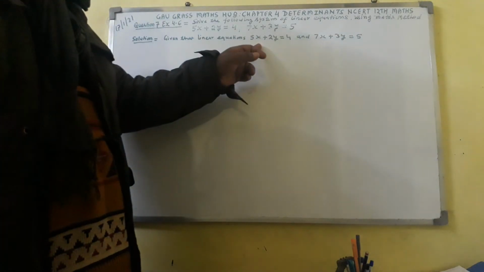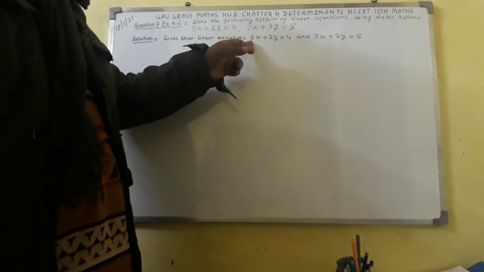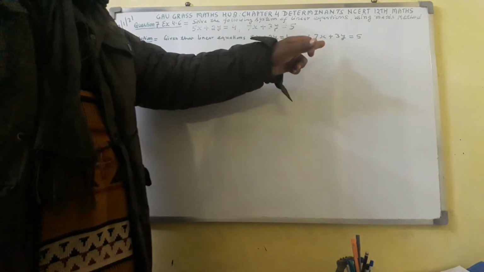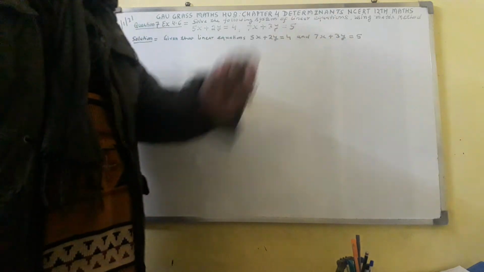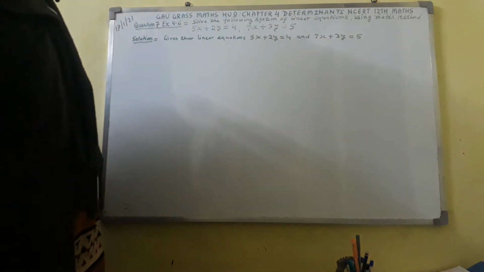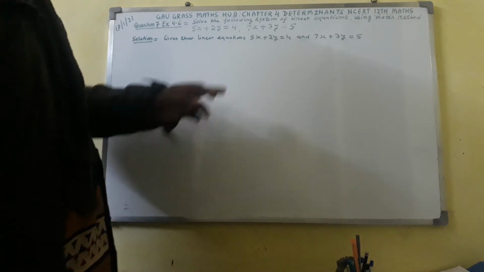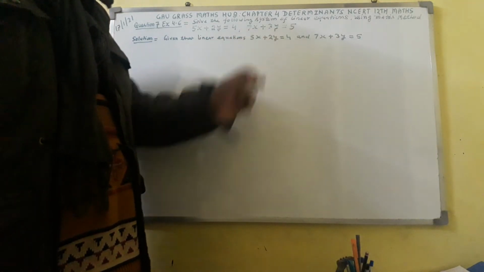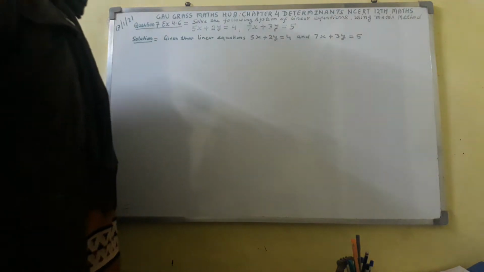This is the first equation, 5x plus 2y equal to 4. This is the second equation, 7x plus 3y equal to 5. These both equations have to be solved by using matrix method.